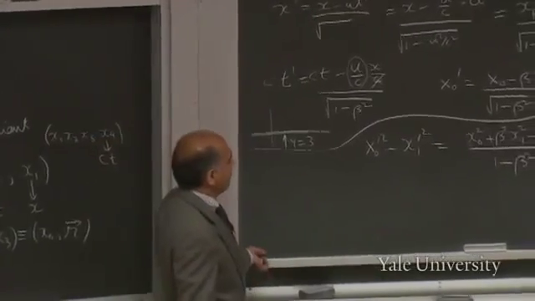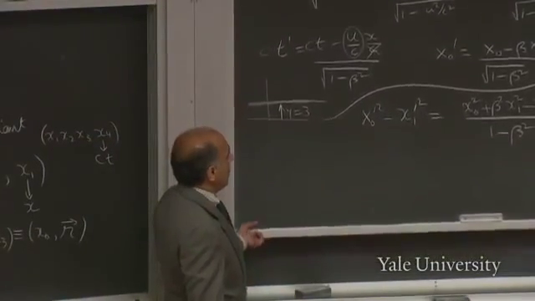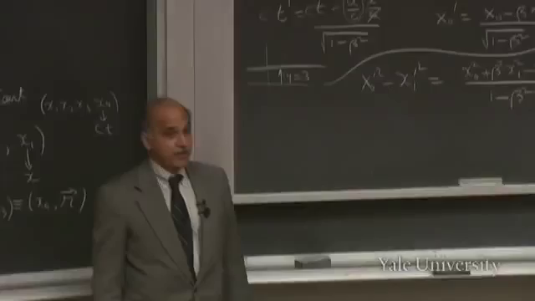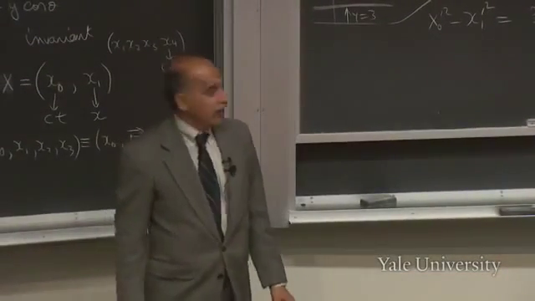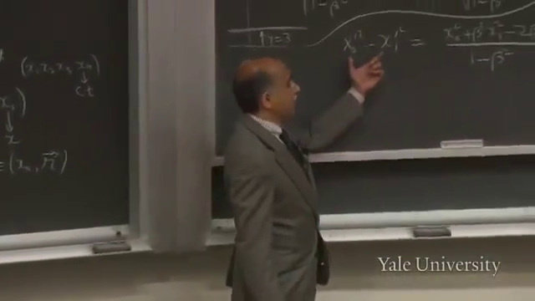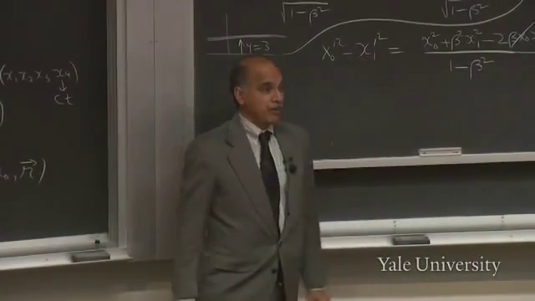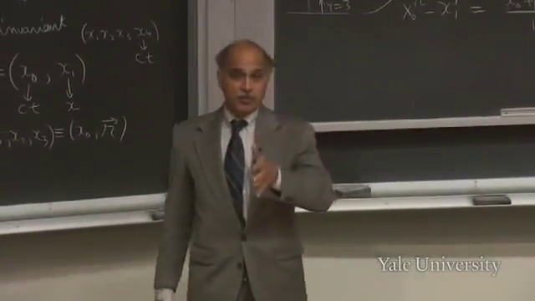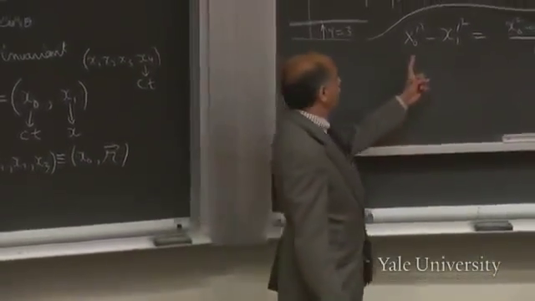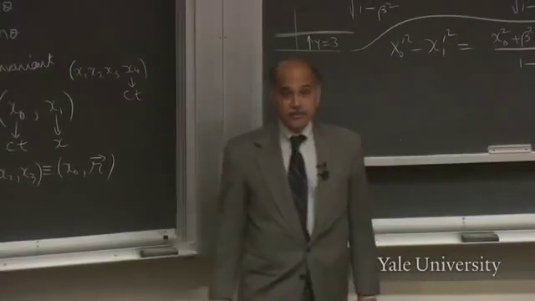It says that even though people cannot agree on the time or space coordinate of an event, just like saying people cannot agree on what is x and what is y, they can agree on this quadratic function you form out of the coordinates. But it's very different from ordinary rotations, where you take the sum of the squares. Here you got to take the difference of the squares, and that's just the way it is.